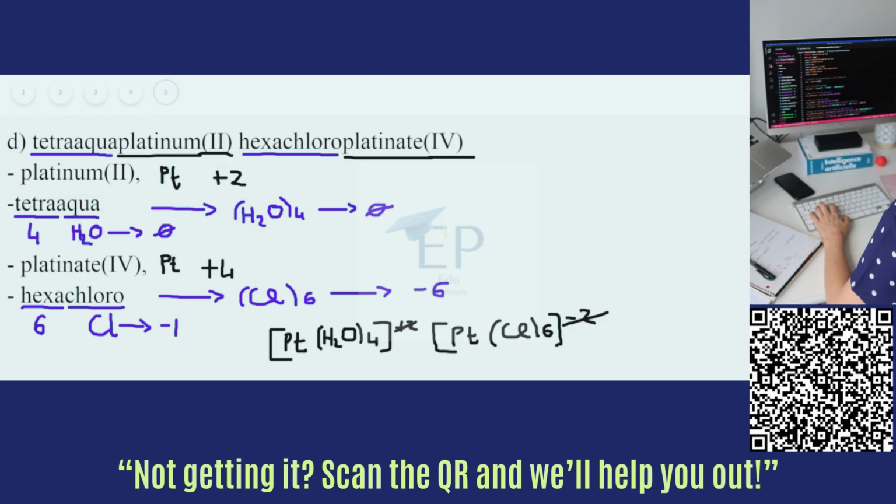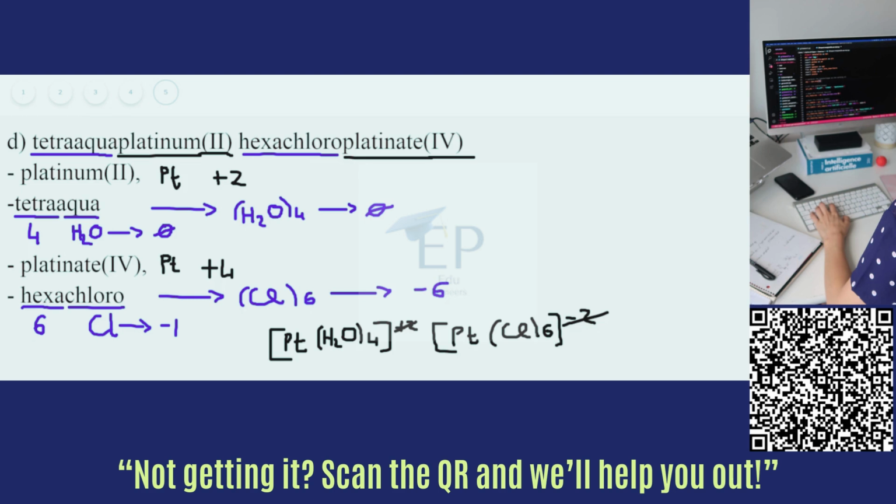So we write down Pt with the charge of +2. The associated ligand is the tetraaqua. Tetra stands for 4. Aqua is the ligand, water, H2O, and has a formal charge of 0. So overall we will have 4 water ligands, H2O 4 times, with no charge.